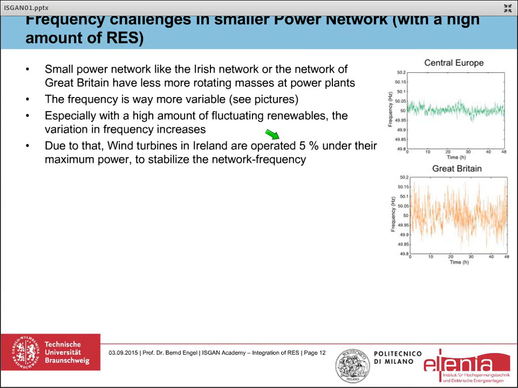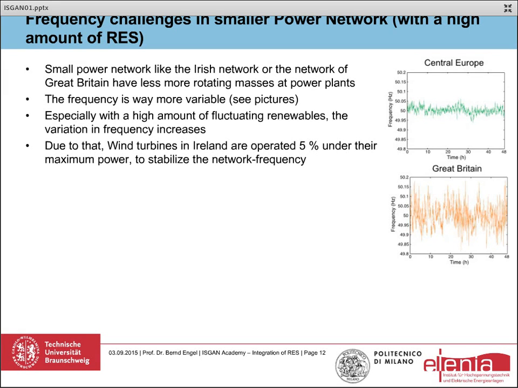The smaller the network is, like in Great Britain or Ireland, the less rotating mass we have in this system, and the less possibility to compensate the frequency changes.